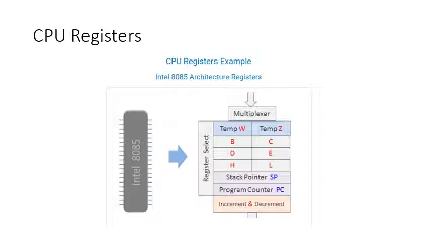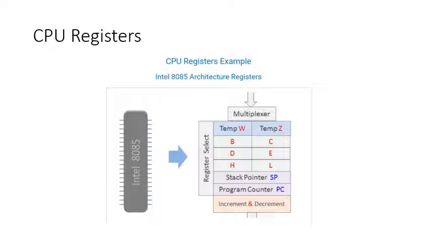Depending upon the processor architecture, the CPU can have a number of registers. The registers are used by the CPU during the execution of program instructions. The register plays an important role during the execution of the instruction cycle performed by the central processing unit.